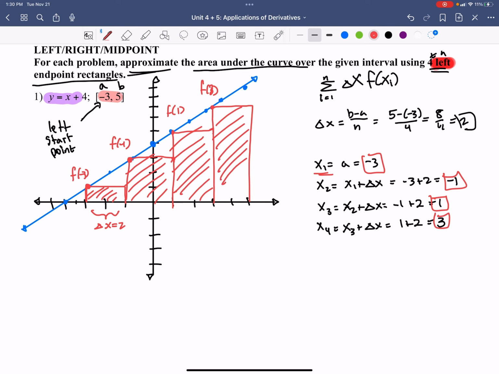So let's find it out, right? It's not going to be that hard. You're just going to plug in these values into your equation here.